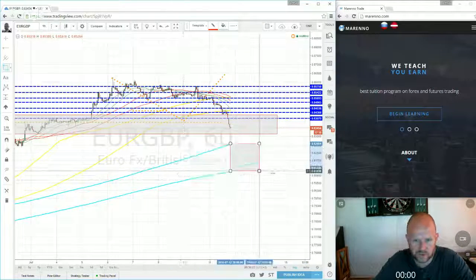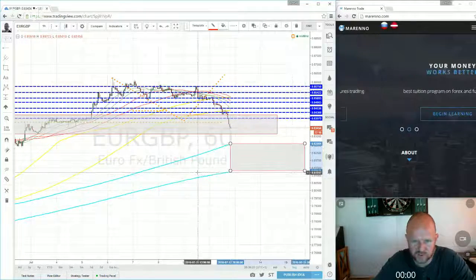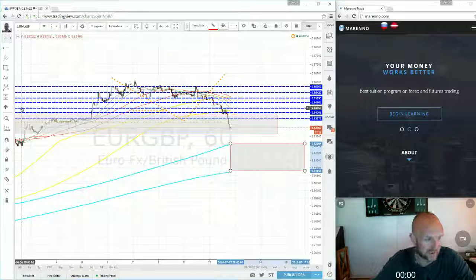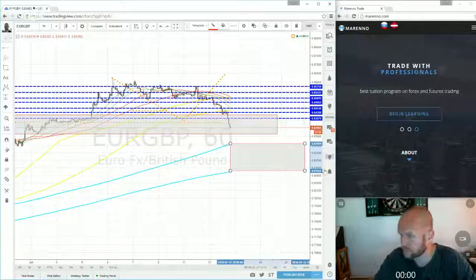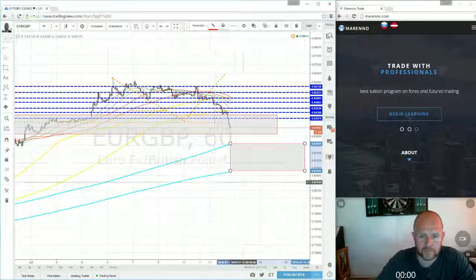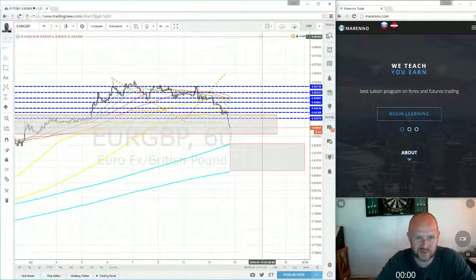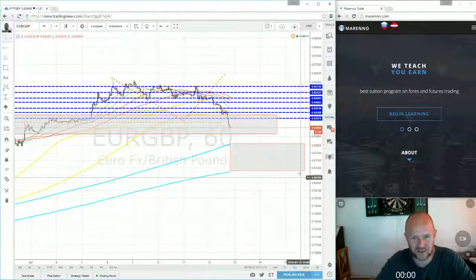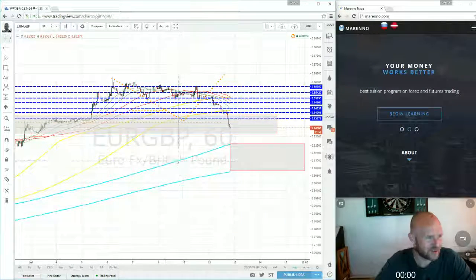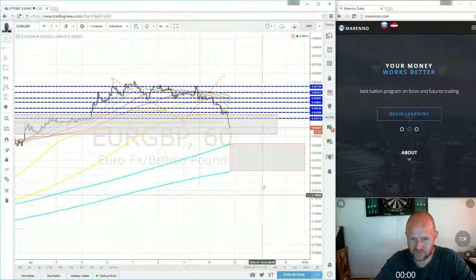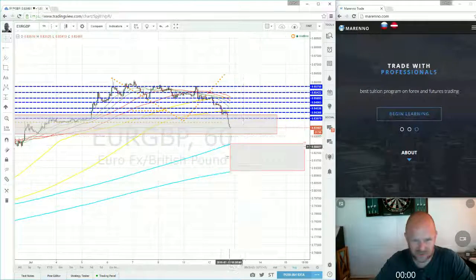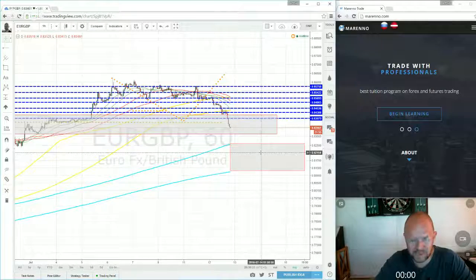If you want, I can talk to you about these zones that I have here. Well, actually, it's just Fibonacci moving averages. And most of the traders are actually laughing about it. And I do laugh at them as well, but still something makes sense.